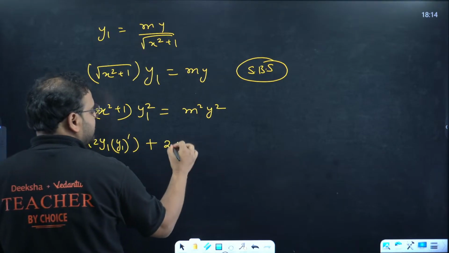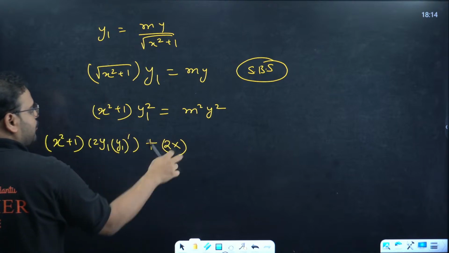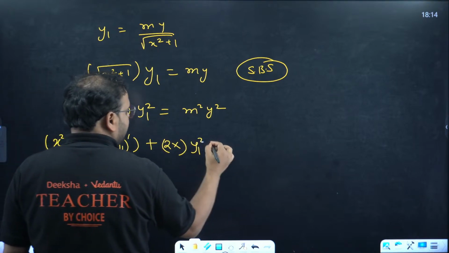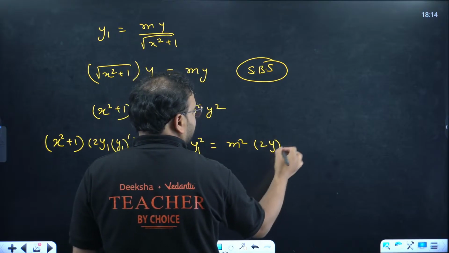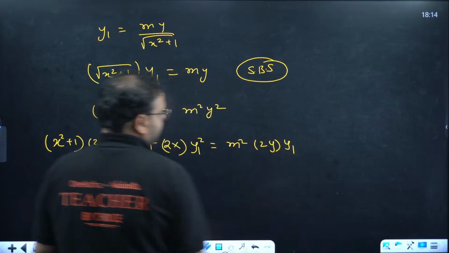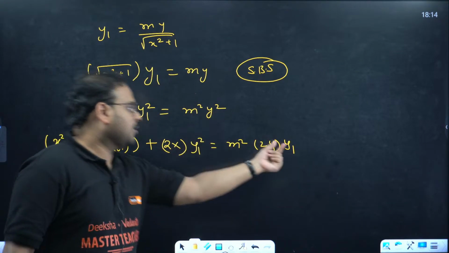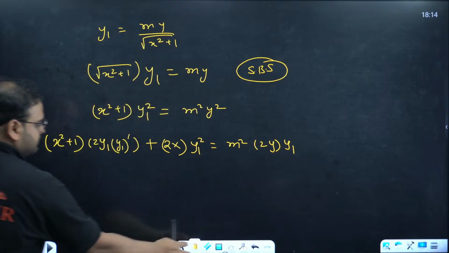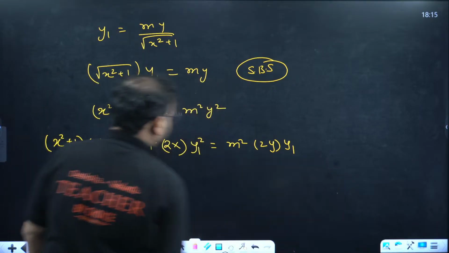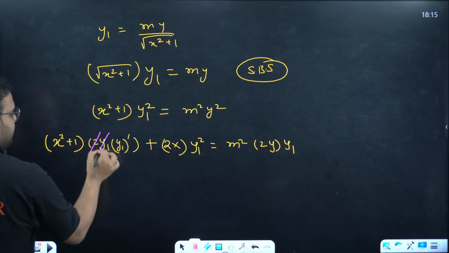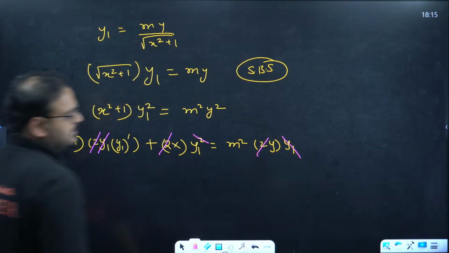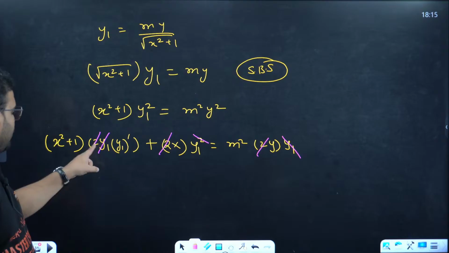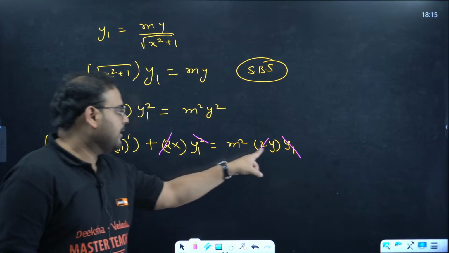So you're going to have this differentiation next. Derivative of this is 2x, y1 square. Over here, m square, 2y. Again, derivative of y is y1. Check. This 2 y1, 2 y1 is cancelled. 2 y1, 2 another y1 from here, and this is also cancelled.